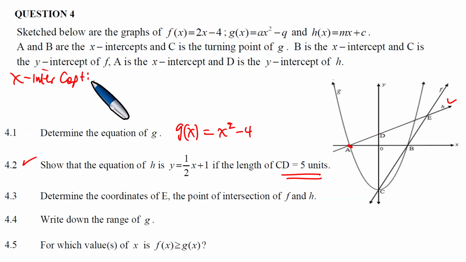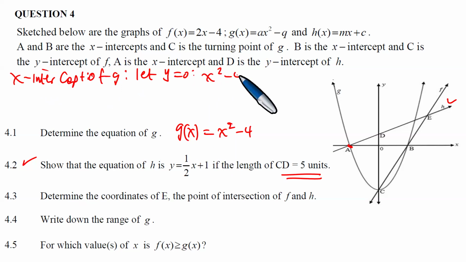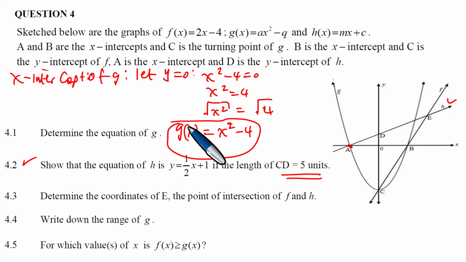Right, so the x-intercept of g. How do you get that? You let y be equal to 0 in g, which means that you have x squared minus 4 equals 0, which means x squared equals 4. Then you put plus or minus, and x is going to be plus or minus 2.